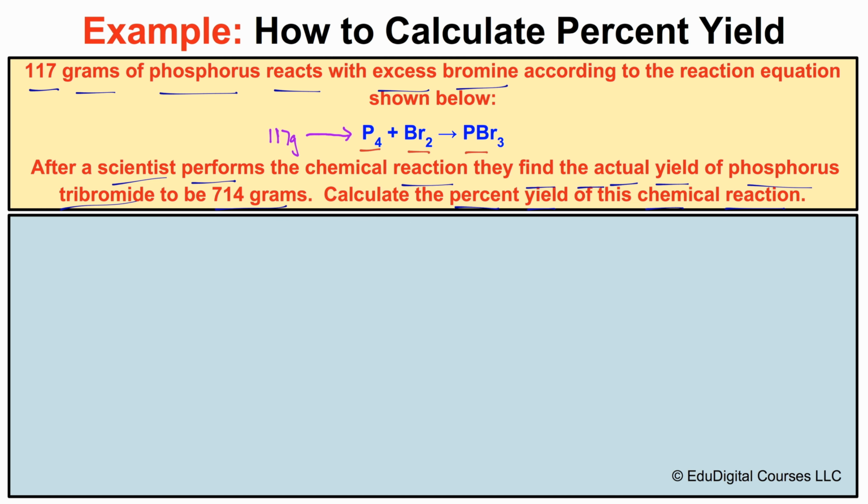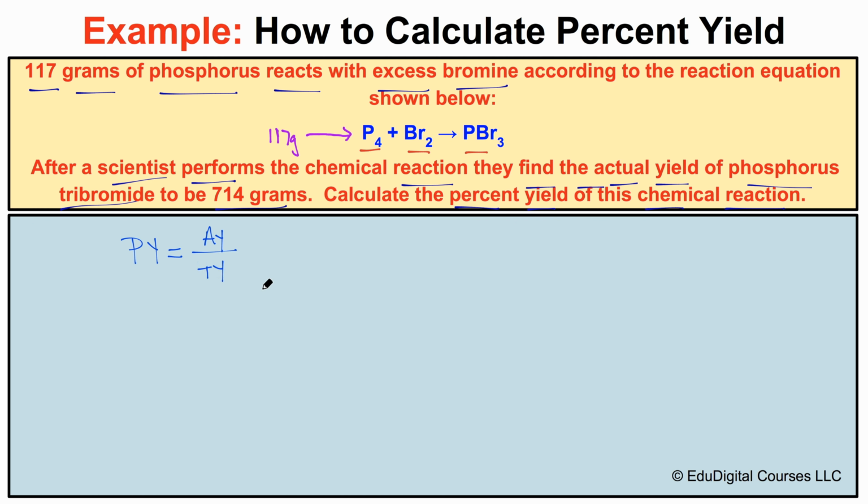So how can we calculate the percent yield? Well, in an earlier video we talked a little bit about percent yield, and we said that percent yield is a comparison between something called the actual yield, which is the amount of product that is formed during an actual chemical reaction that takes place in the laboratory, and something called the theoretical yield.